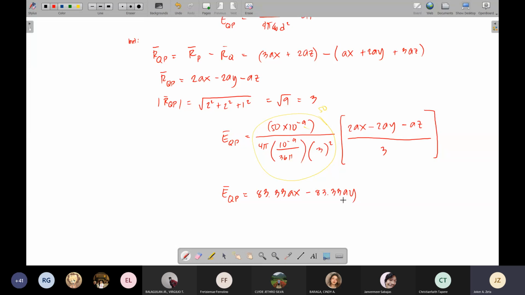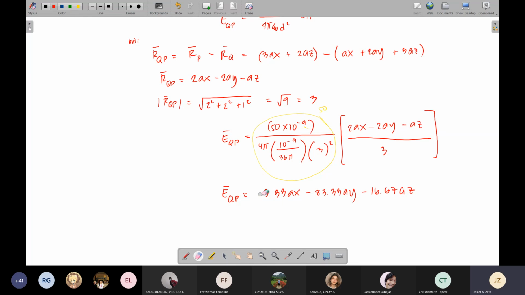Now that is 16.67 minus 16.67 AZ. Okay? So, 50 times 2, divided by 3, 33 na dahil na giahak. Ano na 83 mo na eh?